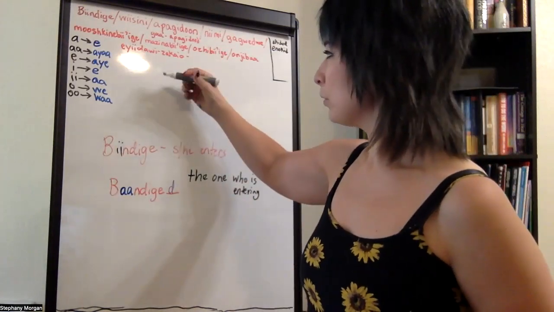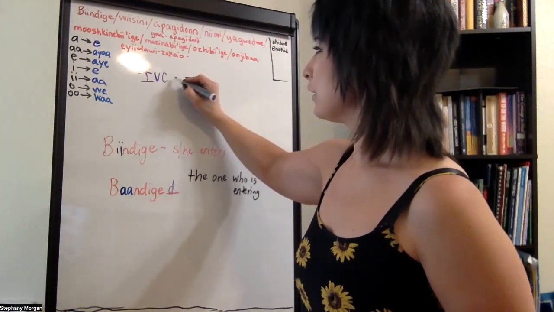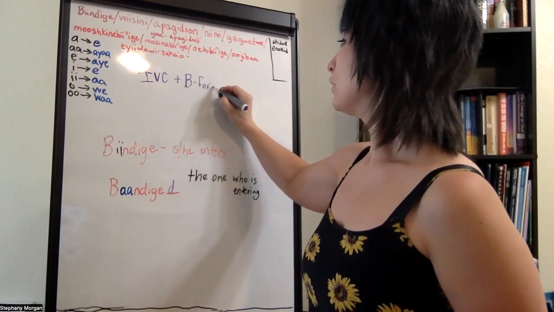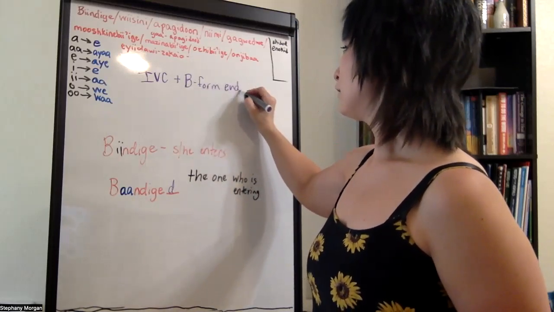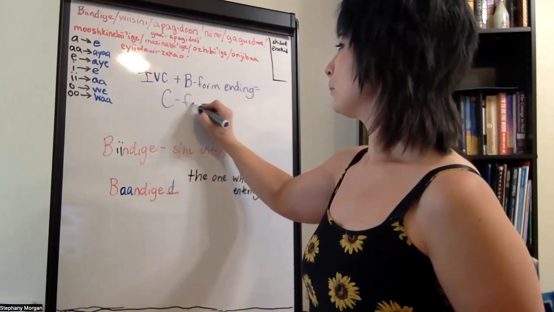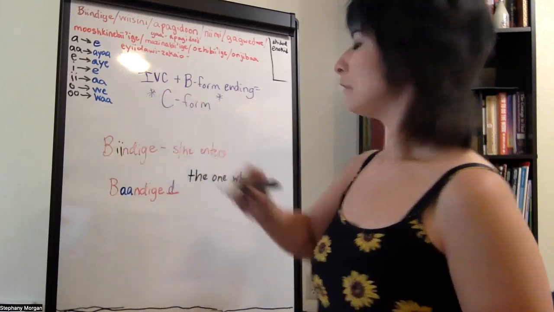So that's what we're doing here. It's initial vowel change plus B form ending plus C form.